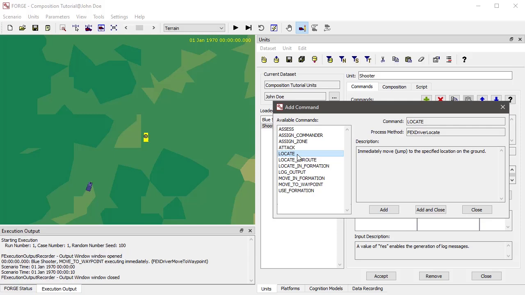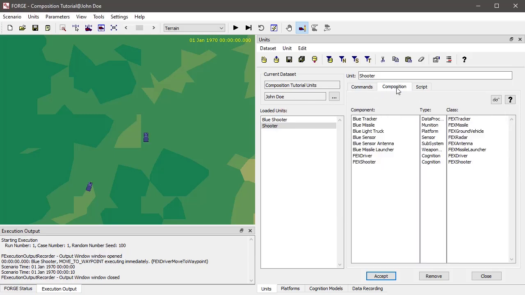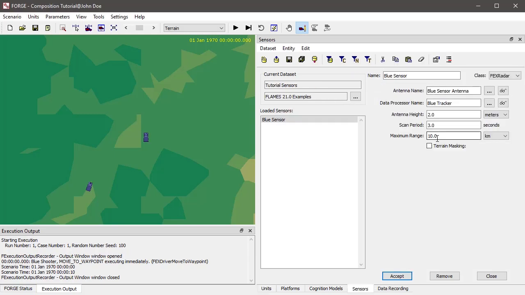In this type of unit, everything that I need to know about the unit is explained to me in the commands that are supported by the cognition models that are attached. So I don't really have to pay attention to the composition or to the models, unless I'm interested in going to one of those models, say the sensor, and I might want to change its range or something like that. So I could go here and change it.